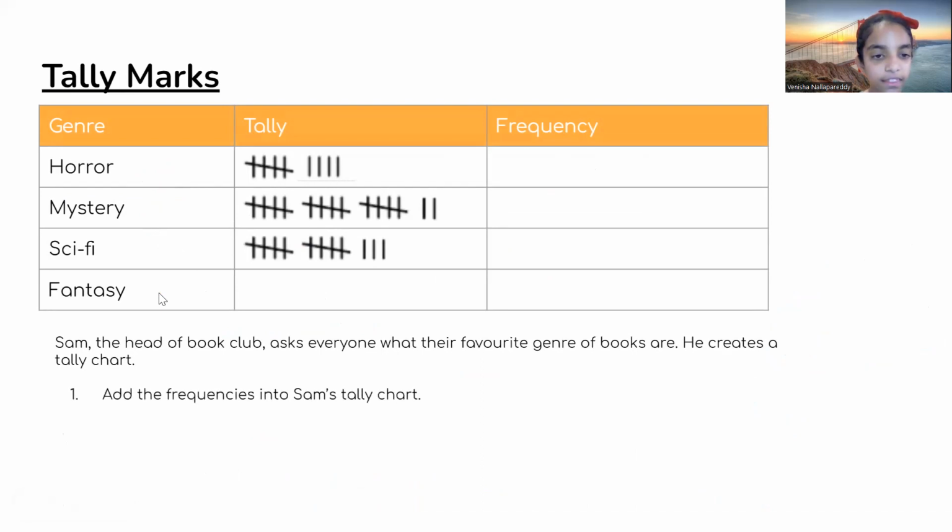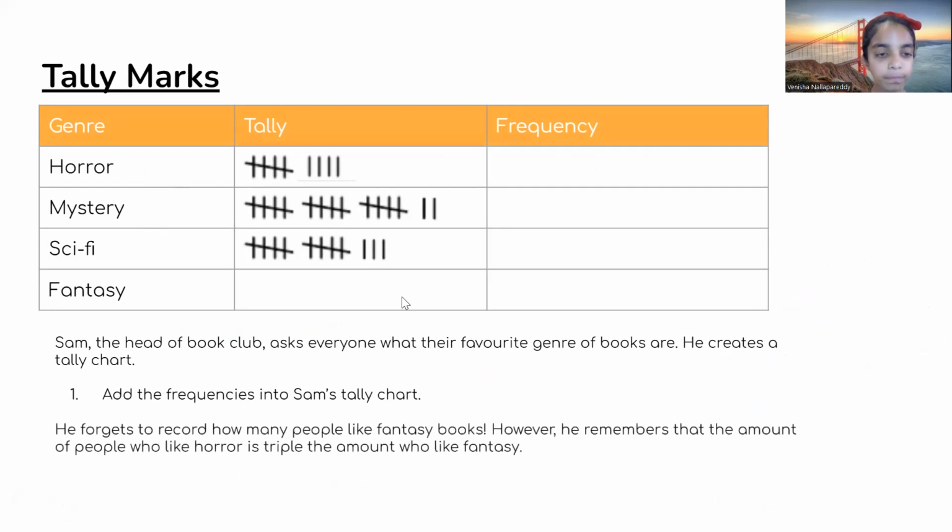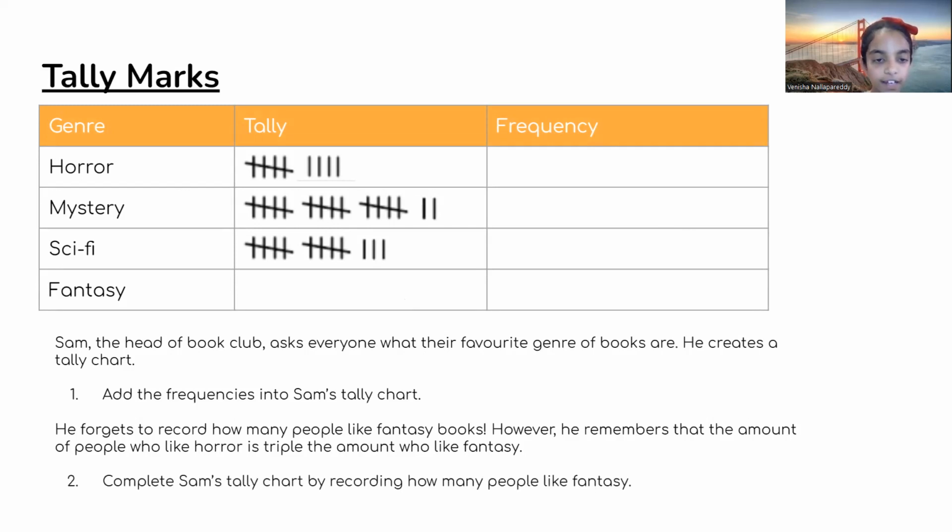And we're going to add the frequencies into Sam's tally chart. But he forgets to record how many people like fantasy books. However, he remembers that the amount of people who like horror is triple the amount who like fantasy. So complete Sam's tally chart by recording how many people like fantasy and what is the range.